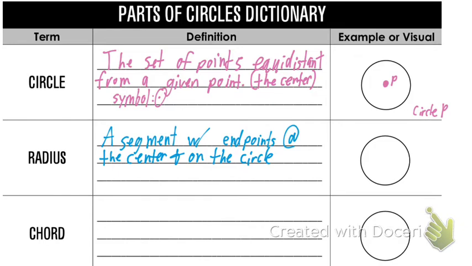So in this circle, it could be an example of having circle P and having some sort of point on the circle, A. And so the radius would be segment AP there, or PA.